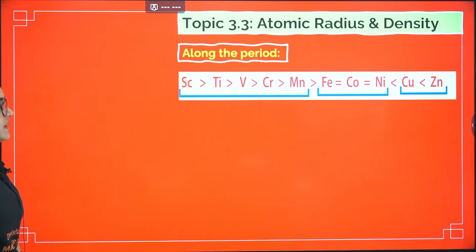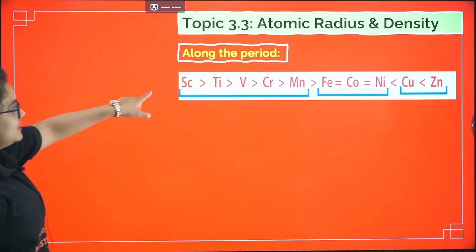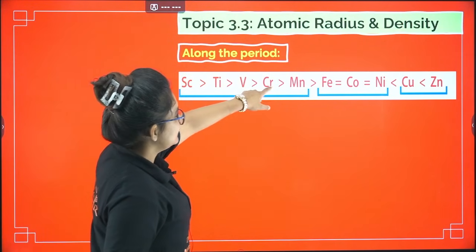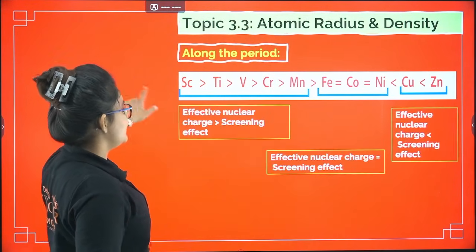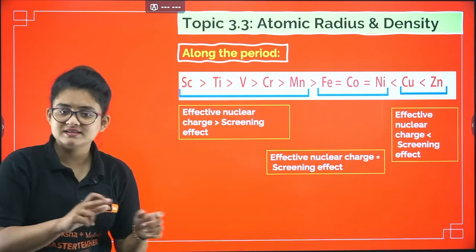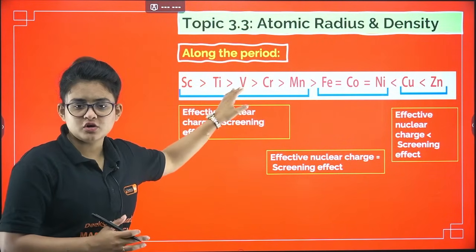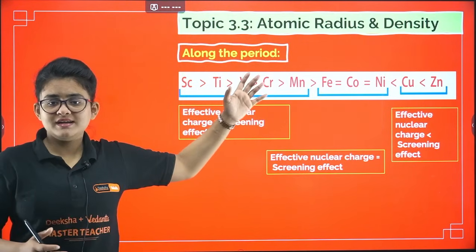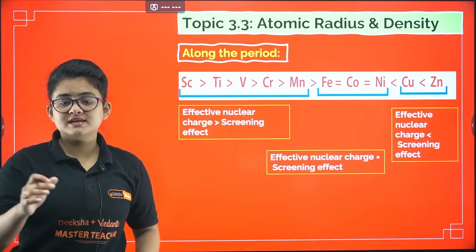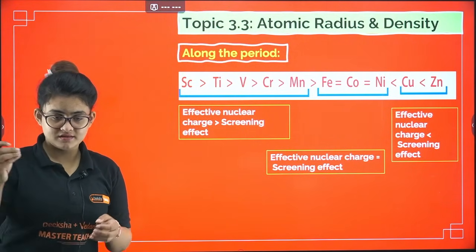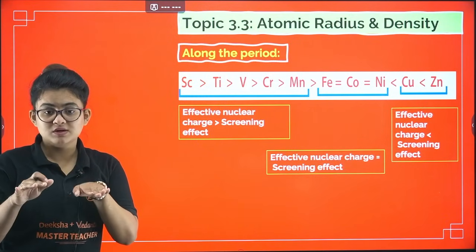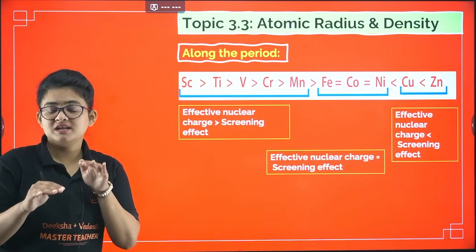Along the period, you can see scandium, titanium, vanadium, it increases. In this case effective nuclear charge is greater than screening effect, since there are not that many d electrons, only 4 to 5. Later, at iron, cobalt, nickel, where more electrons enter, effective nuclear charge and screening effect become equal.